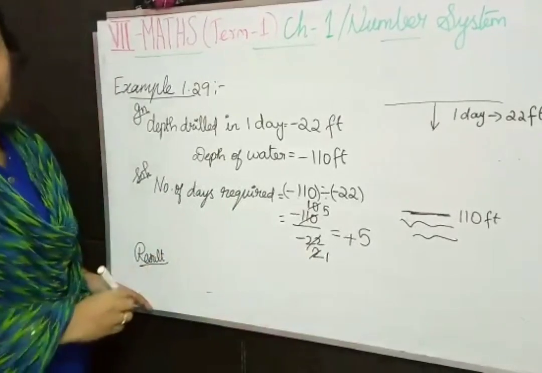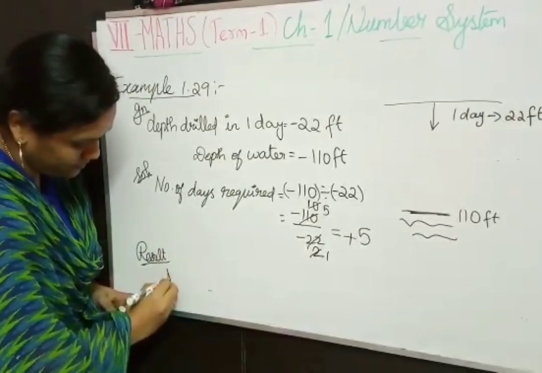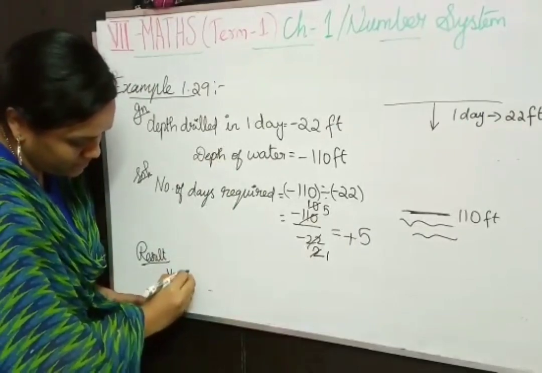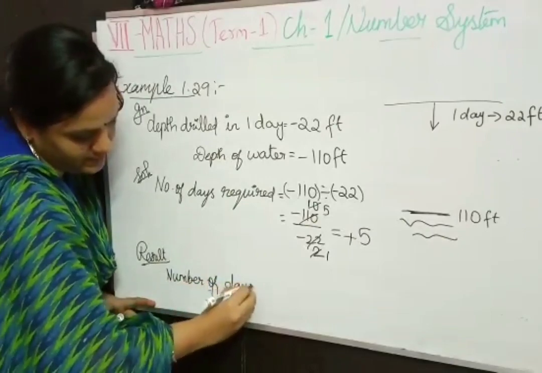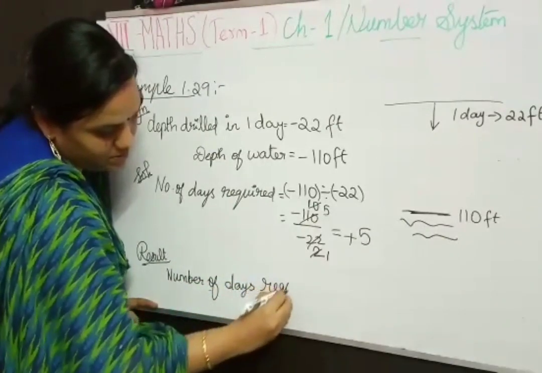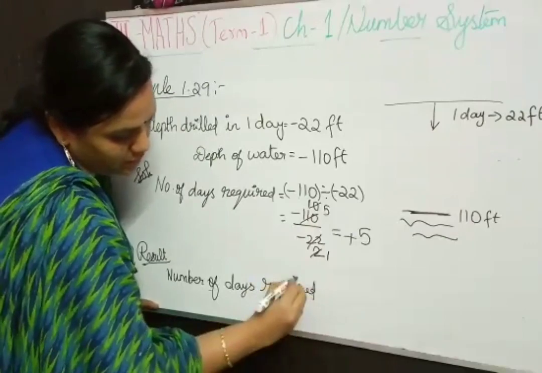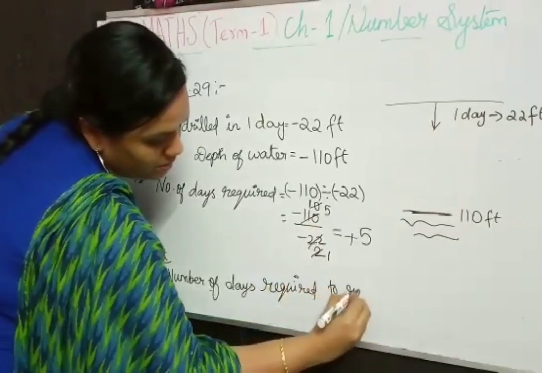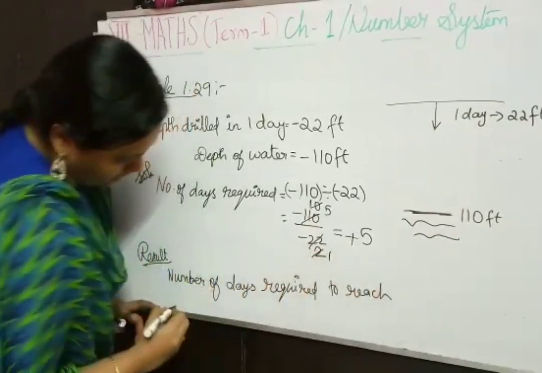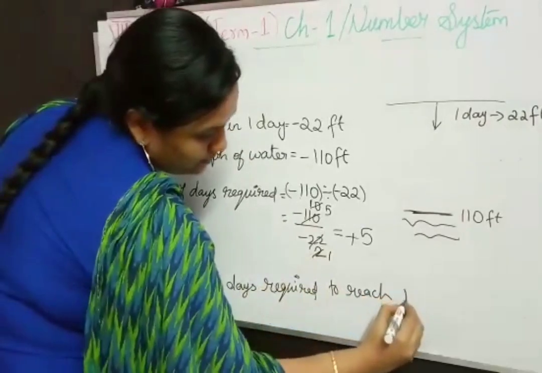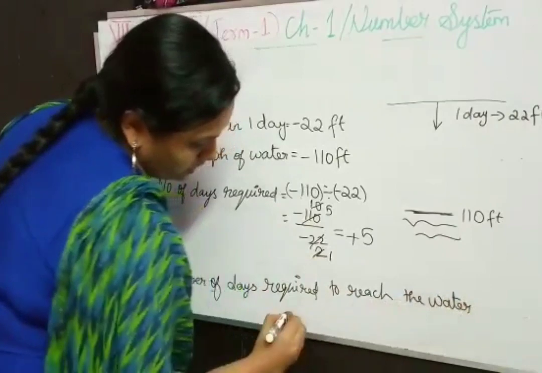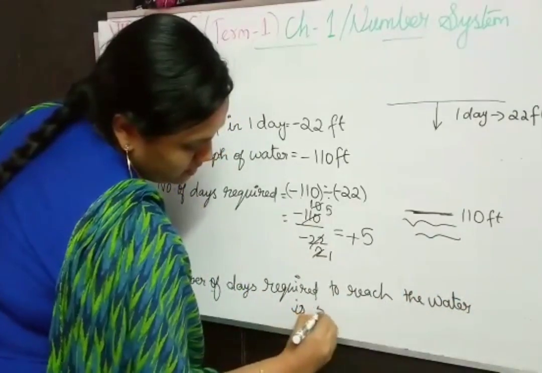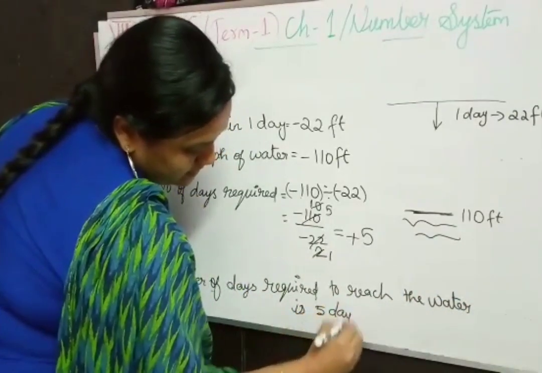We write the result as: number of days required to reach the water is 5 days.